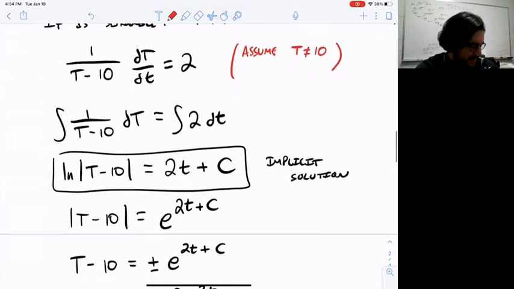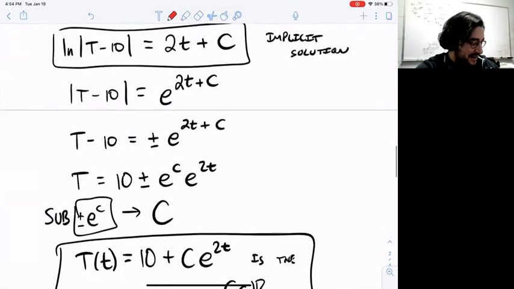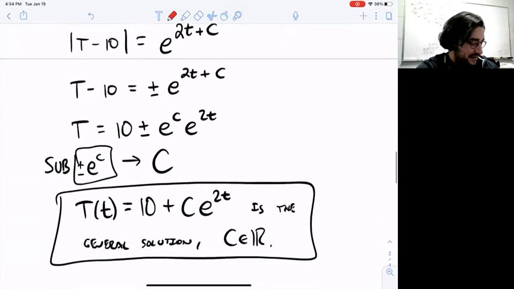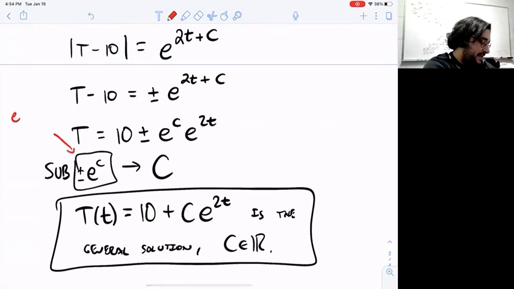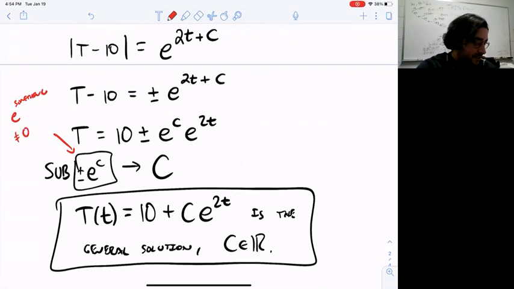So how does that kind of propagate through here? Well, that would be the same as, down here, noticing that this e to something cannot be 0, right? This coefficient being 0, that's the same condition as T being 10.